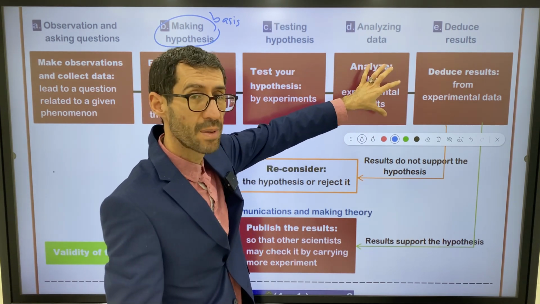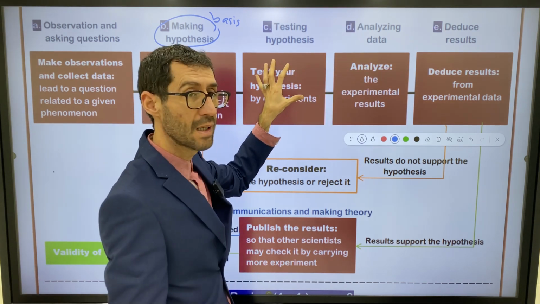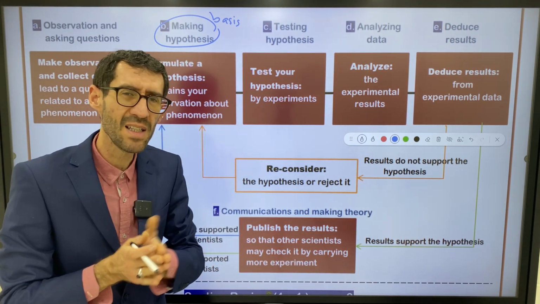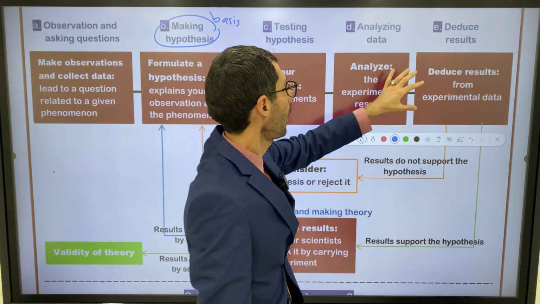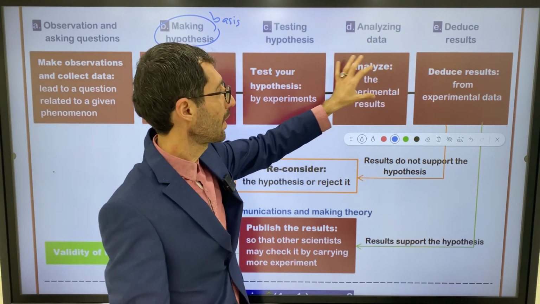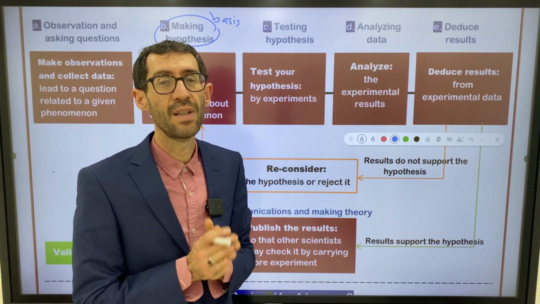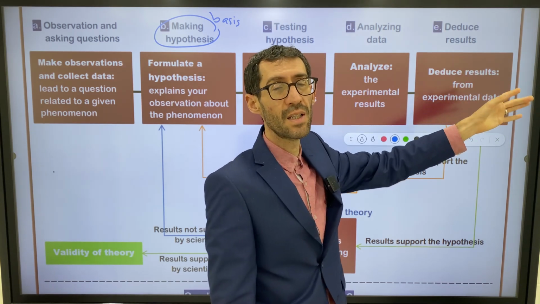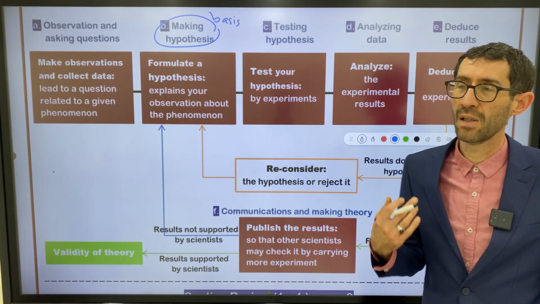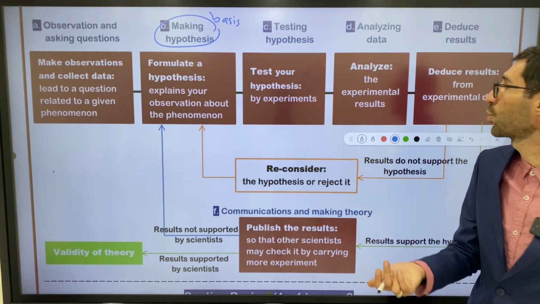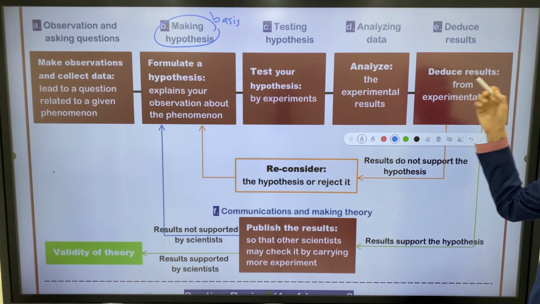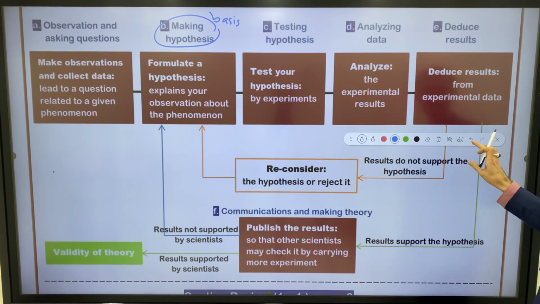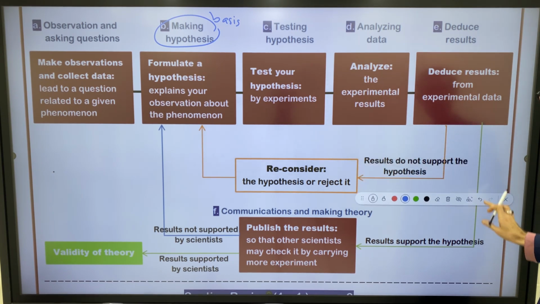So we have a controlled experiment here. Testing the hypothesis and analyzing data are the same, right? All of these actions take place within this step. They deduce the result. They do experiments in the laboratory, analyze data, and deduce the results.